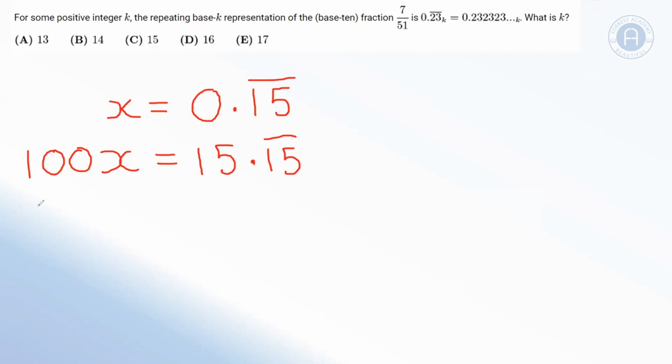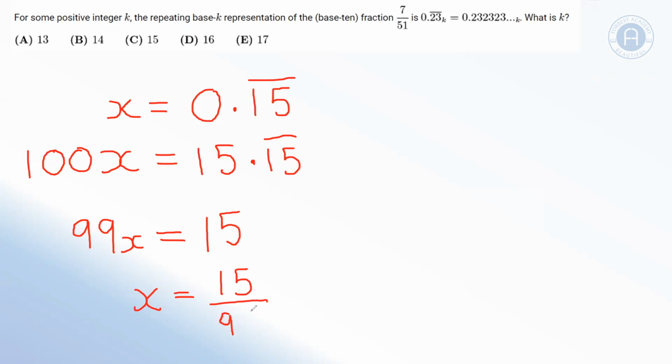Now if I subtract these from each other, 100x minus x gives me 99x, and 15.15 repeating minus 0.15 repeating is just 15. Then we've got a fraction for x of 15/99, which we can simplify down to 5/33. That is how we can change a repeating decimal into its equivalent fraction.